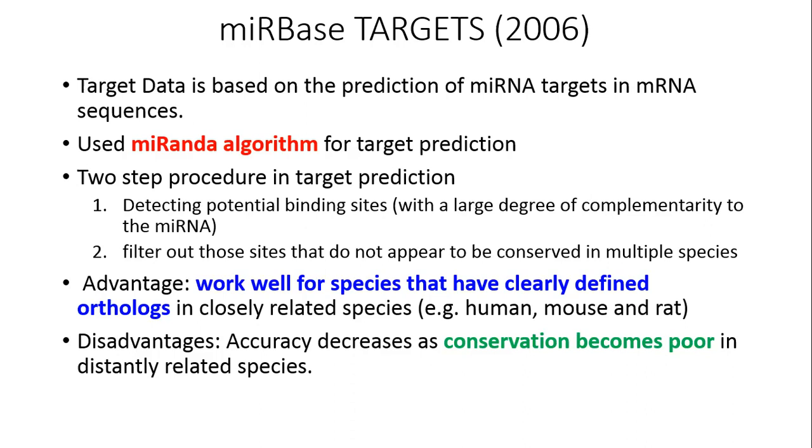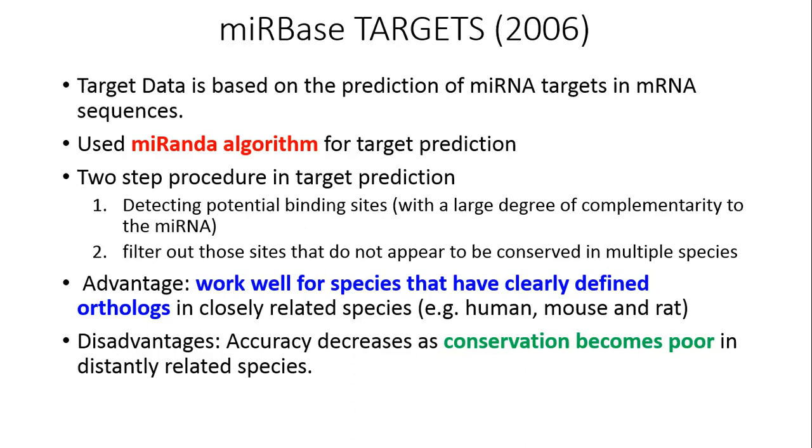Therefore, in due course of time, their mRNA and target sequences might also have accumulated mutations. Detecting such distant homologs becomes difficult, making it hard to clearly identify the target. So that was one of its biggest disadvantages. As the conservation becomes poorer when we include diverse sequences, the accuracy of detecting the target would eventually decrease.